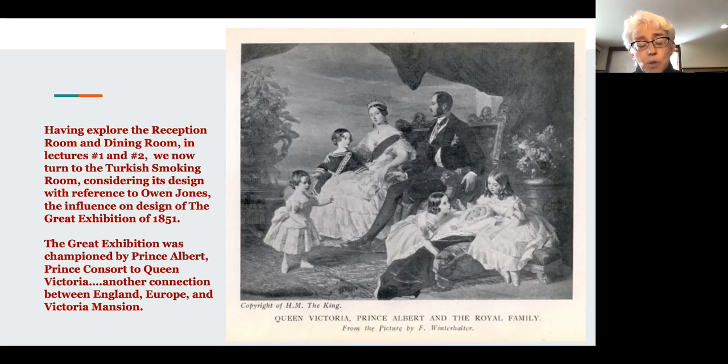So Prince Albert was one of the champions of the Great Exhibition of 1851. And we have in the mansion the painting of their Isle of Wight palace, and so on. So another thread connects Queen Victoria, Prince Albert, and Victoria Mansion.